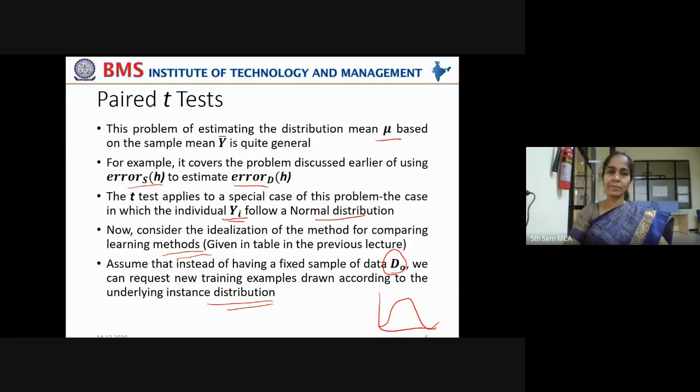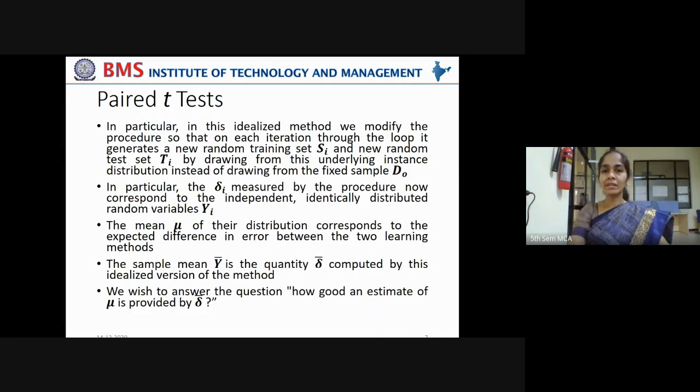In particular, in this idealized method, we modify the procedure such that on each iteration through the loop, it generates a new random training set Si and a new random test set Ti by drawing from this underlying instance distribution instead of drawing from the fixed sample D naught.